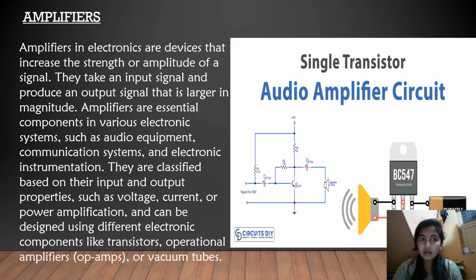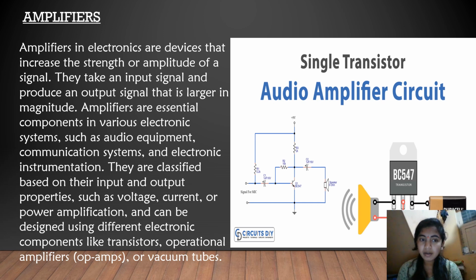Next, let us look at amplifiers. An amplifier is an electronic device used to strengthen the amplitude of a signal. It takes an input signal and produces an output signal of larger magnitude. Amplifiers are essential components in various electronic systems such as audio equipment, communication systems, and electronic instrumentation.